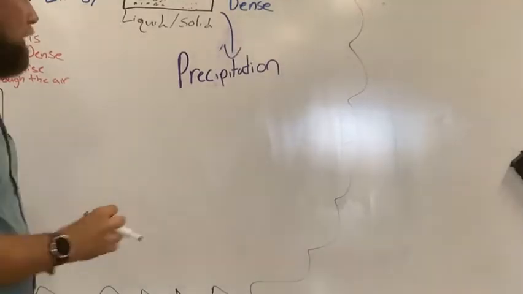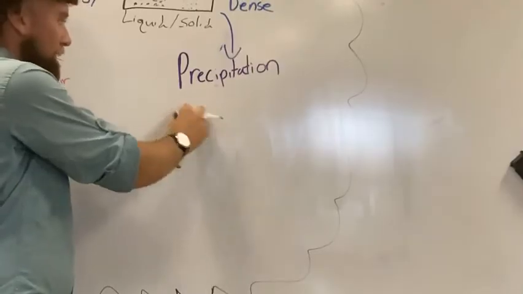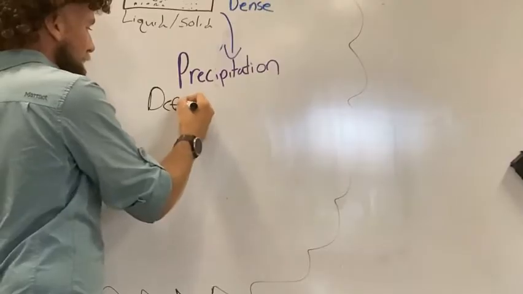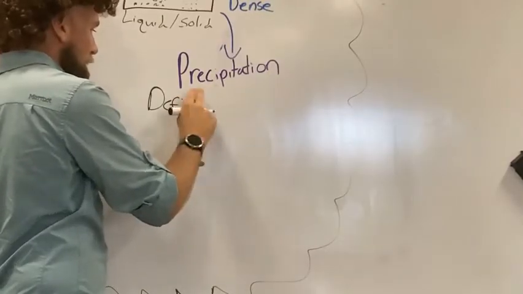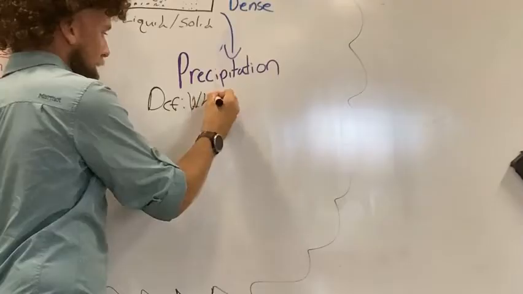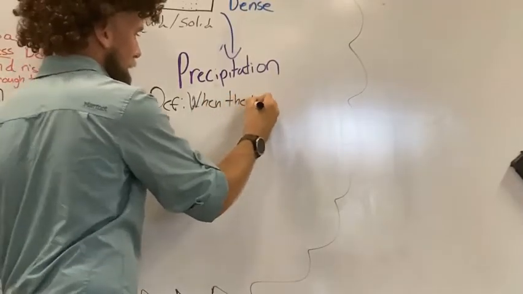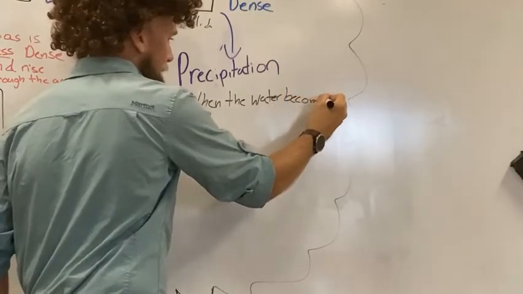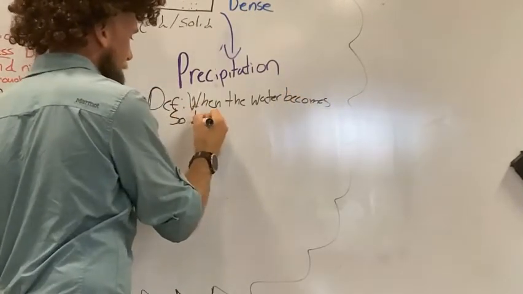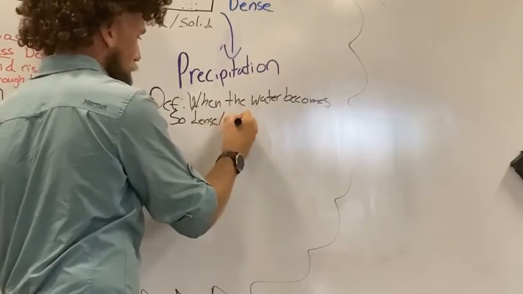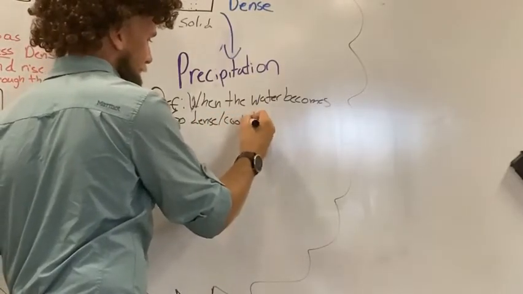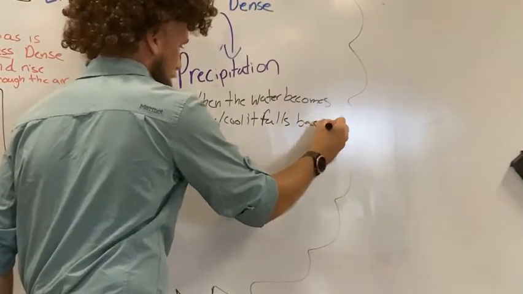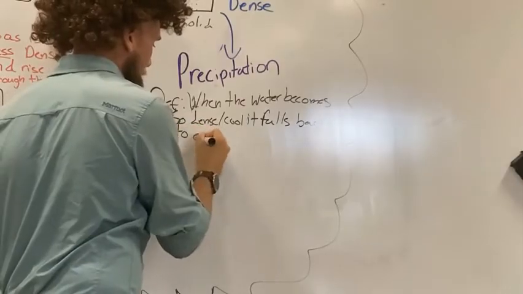All right, so now our water is starting to sink down to precipitation. Precipitation, if I were to define it or say what it is, when the water becomes so dense and cool, it falls back to Earth.